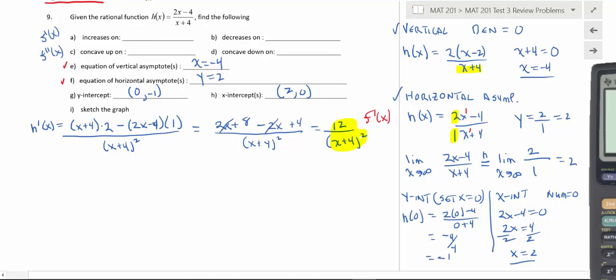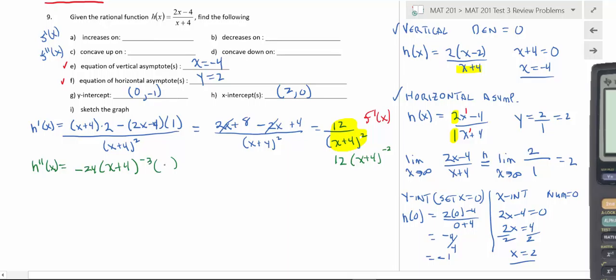When we do the second derivative, you actually don't have to use the quotient rule, although you can if you want to. You can write this as 12 times (x plus 4) to the negative 2. That's the way I do the derivative. So I can bring the 2 down to get negative 24 times (x plus 4), subtract 1 from the exponent to get negative 3.